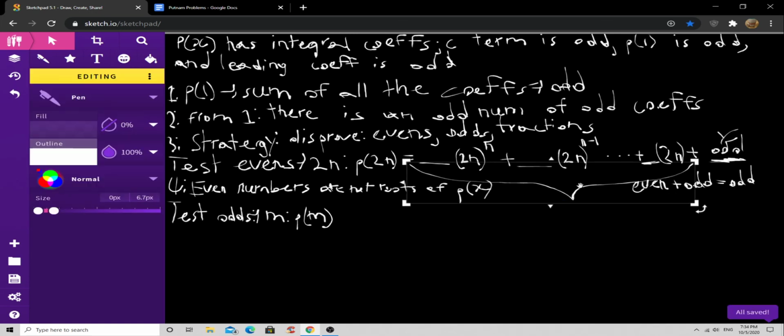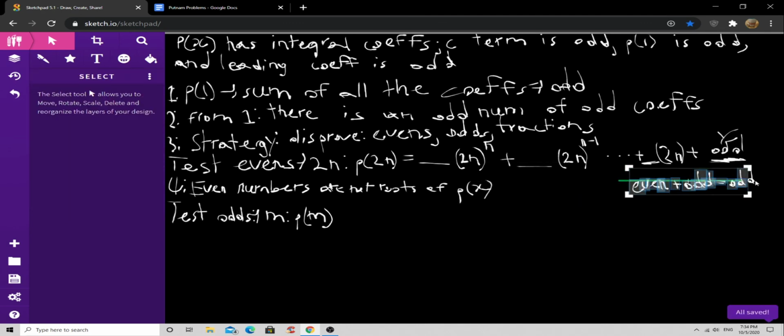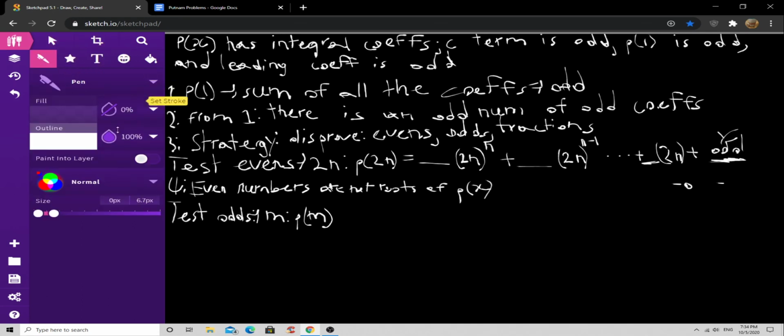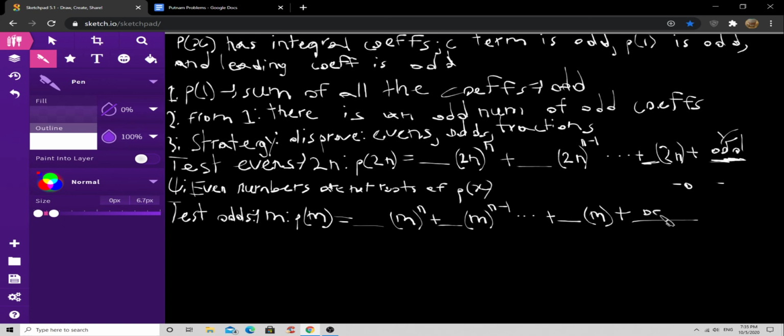Oh, that's helpful. We need more space for this. Okay, great. So let's try this out. So p of m equals some number times m to the n, of course, plus something times m to the n minus 1, all the way to plus something times m, and then plus some odd number.